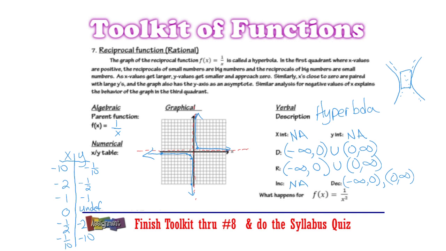Ultimately, when you square your x value, it's going to force that to go positive on you. And so you're not going to have that branch where you were down here because those y values will always end up being positive. So this branch pops up to here. Now the shape of it's a little bit different because of the squared as well, but we don't get too caught up in that. And so ultimately, here's what my 1 over x squared would look like.